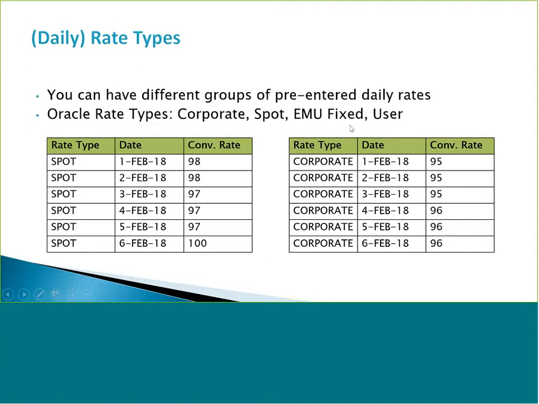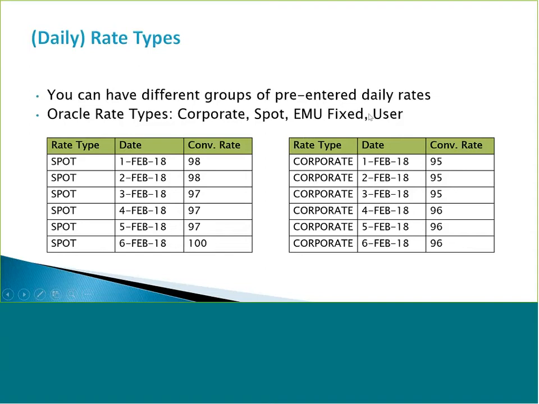For the EMU fixed, these are the various exchange rates for the currencies of the countries that fall under the European Monetary Union. Each country has its own currency, and there is a fixed rate at which that currency changes against the euro, which is the currency that is used in the eurozone.